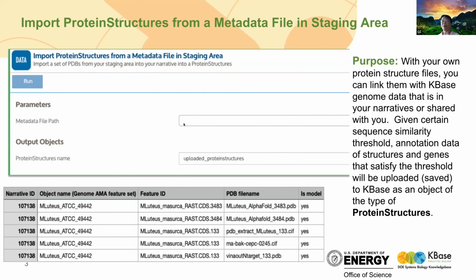You just upload this file, which you already uploaded into the narrative by import. Remember, Chris was showing you can upload your data into the KBase staging area, not only this input file, but also all these structure files you need to load into the staging area in order to run this app.